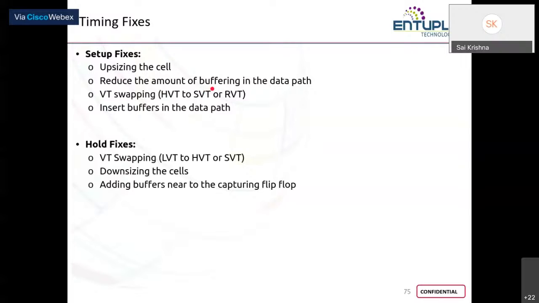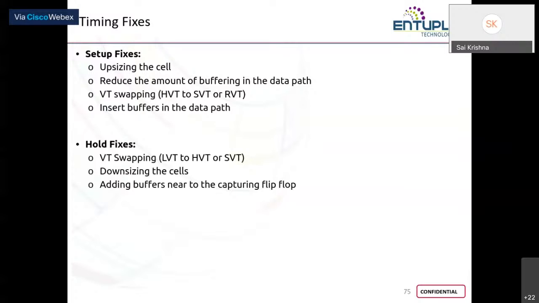Okay. So apart from these two, there is something called VT swapping. VT stands for voltage threshold. Because we are dealing with semiconductors, all of you know that there is a certain threshold that has to be crossed in order to switch from off to on or on to off.